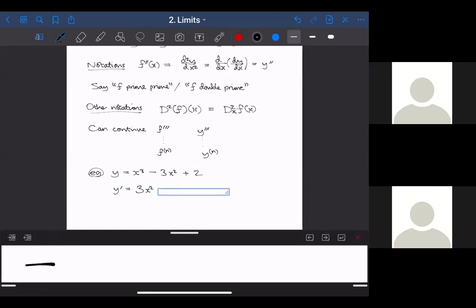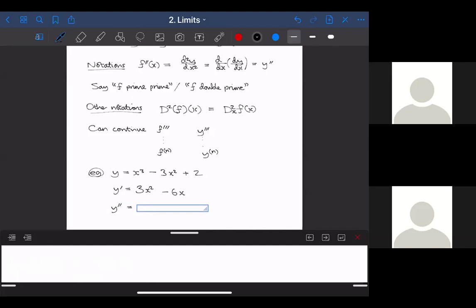And for this one we multiply by 2 and reduce the power to x, and the derivative of a constant function 2 is 0. And now y prime prime is given by just differentiating again.